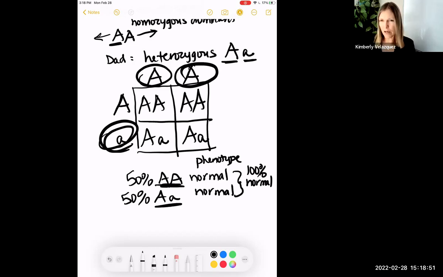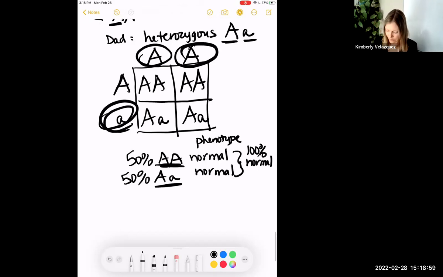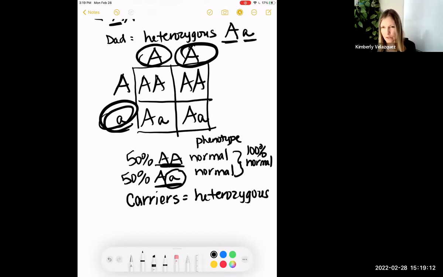If we're talking about a gene that causes a genetic disorder, we call those heterozygous individuals something different. And that is, we call them carriers. Carriers are heterozygous. They carry the disease trait and they have the ability to pass that on to their offspring, but they don't have the disease or disorder because they are heterozygous.